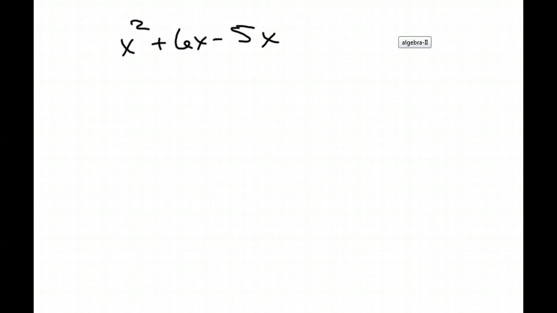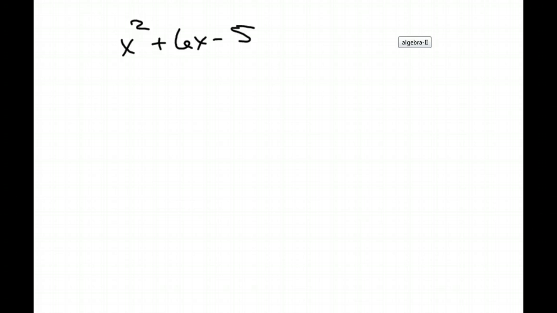The first number in front of the x, the first number that appears when it's in descending order according to exponents. Oops, I'm sorry, let me get rid of this x. I don't know why I had an x up there. So the leading coefficient is 1. The exponent is 2. Once you have that established, then you can think, okay, maybe I can factor this.